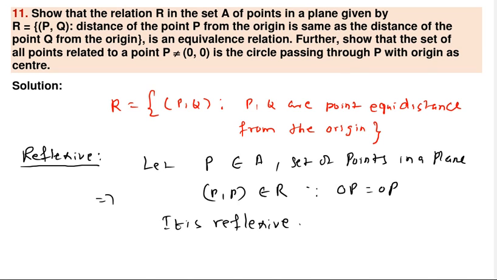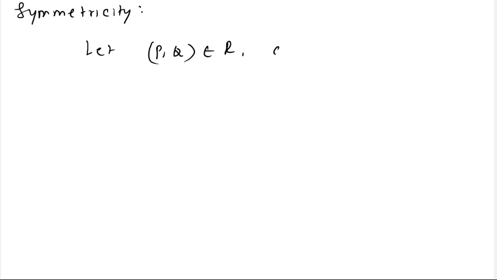It is reflexive. And to confirm symmetricity, let us take a member (P, Q) of the relation R such that OP equals OQ, and both are at equal distance from the origin, which means we can interchange them: OQ will also be equal to OP.